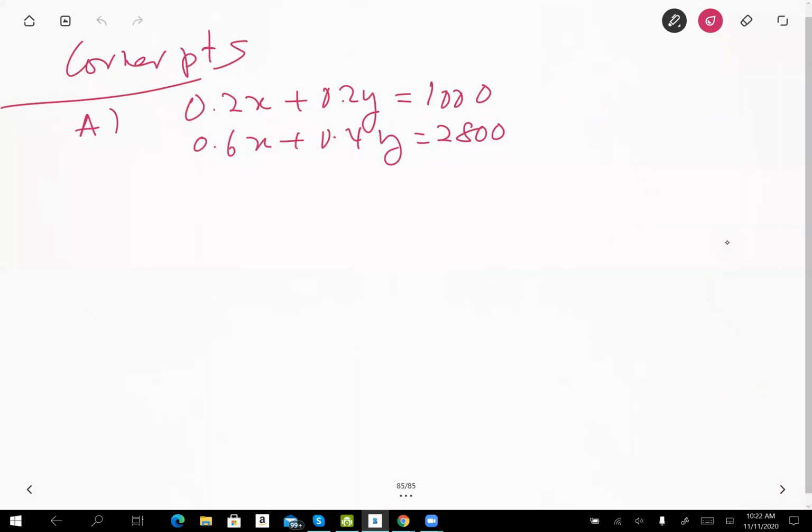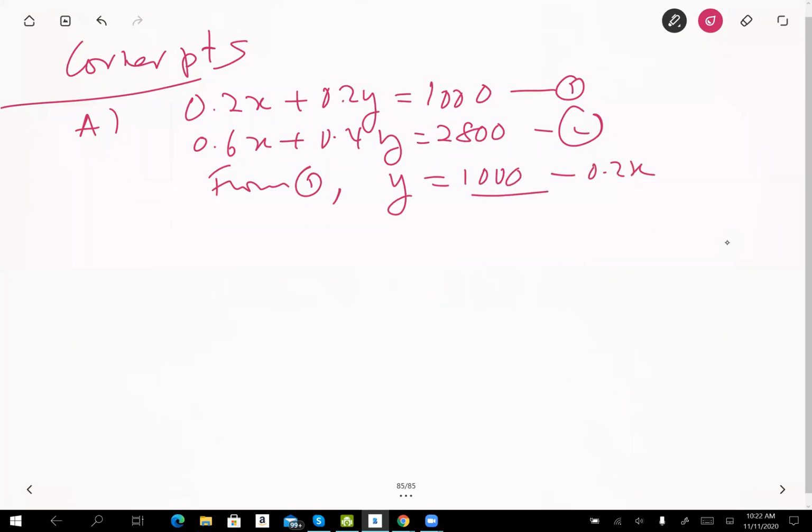From here, call it 1, call it 2. From number 1, you will get y equal to (1,000 minus 0.2x) divided by 0.2.